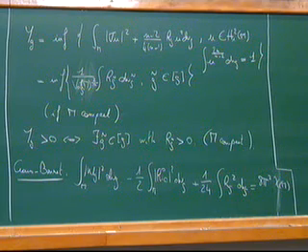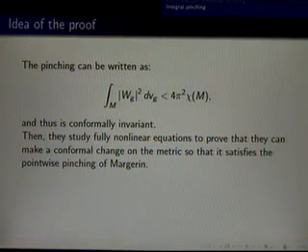So the Weyl functional that appears on the left is a conformal invariant, so you can do a conformal change, and they study a fully nonlinear equation to prove that, in fact, there exists a conformal change on the metric such that the pointwise pinching is satisfied. Then you can apply the result of Margerin that says that your manifold is diffeomorphic to a quotient of the sphere.